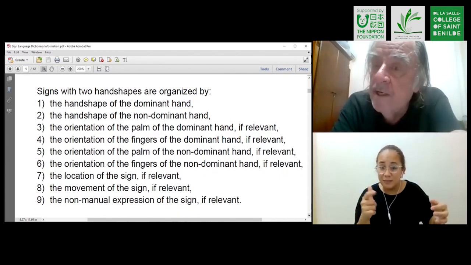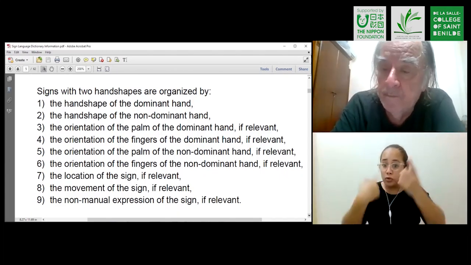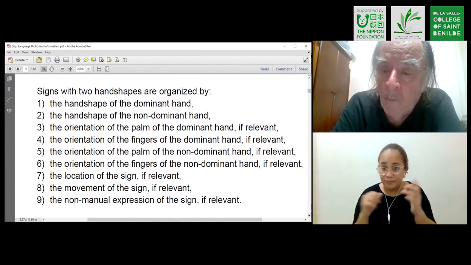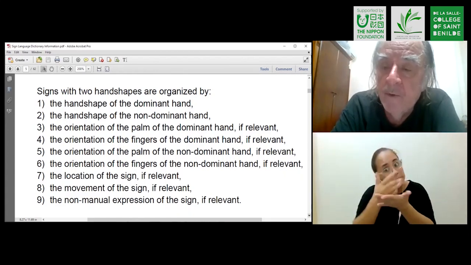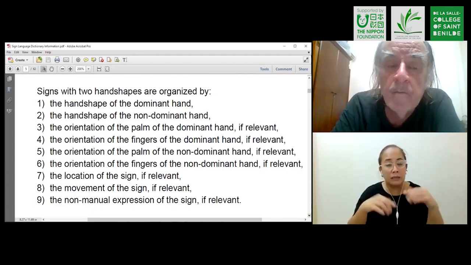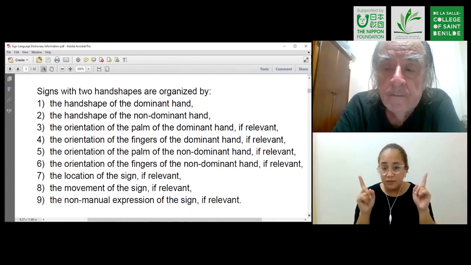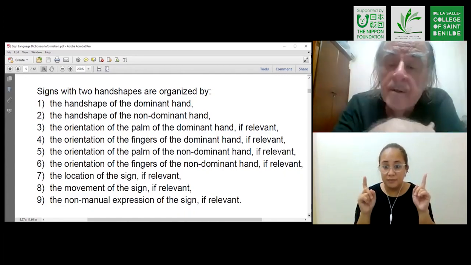Are all your signs differentiated? Or are some signs the same, so you can't distinguish between them? Then go down the list until you're finished.